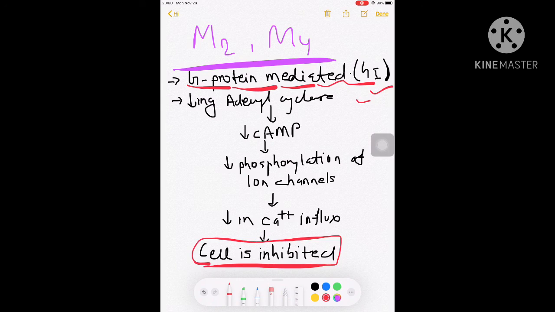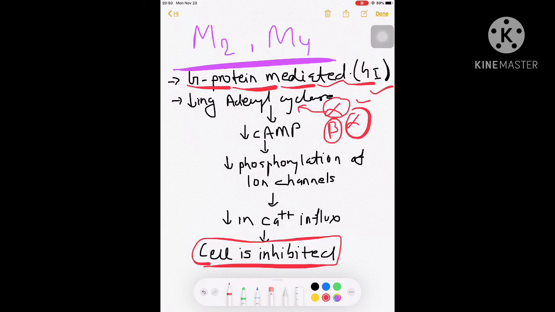This was a short explanation, but this Gi protein has three components: alpha, beta, and gamma. The alpha part is mainly responsible for decreasing adenylyl cyclase and the following events.